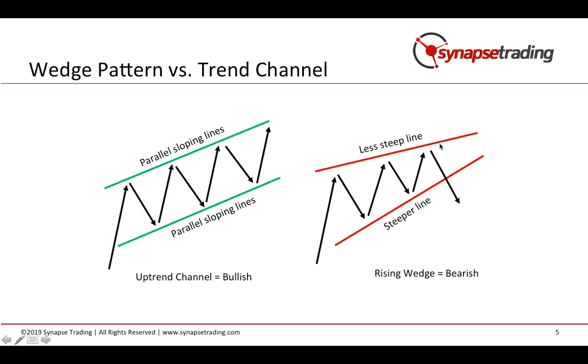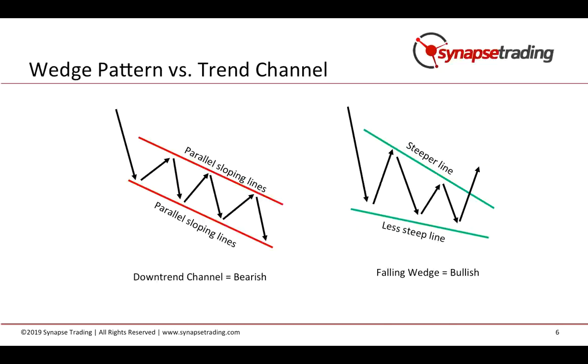As a result, price gets sandwiched between the 2 lines, and at some point the price eventually breaks down. When it breaks out of the compression, that is where you will start to see a decline in price. That is the difference between an uptrend channel and a rising wedge.